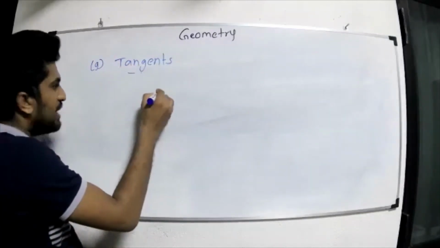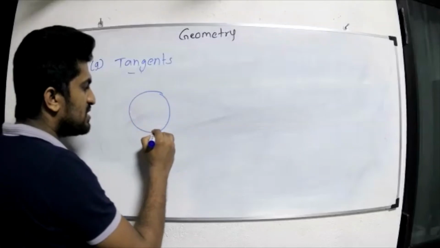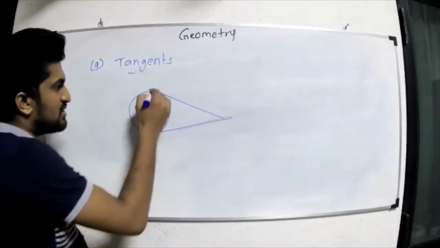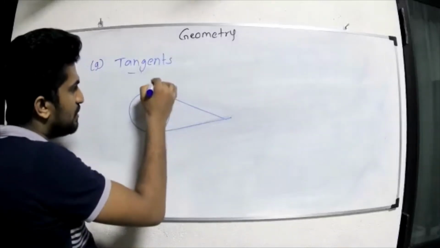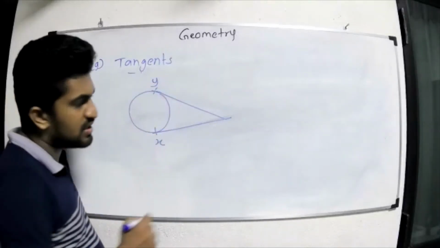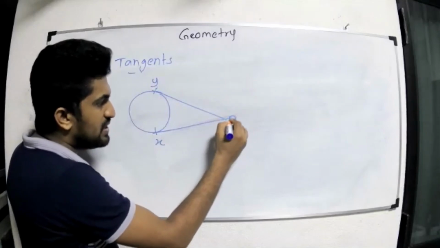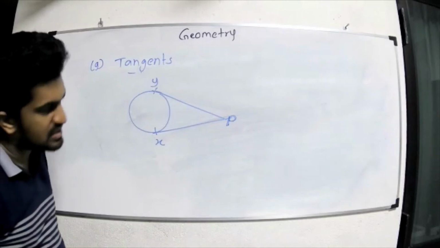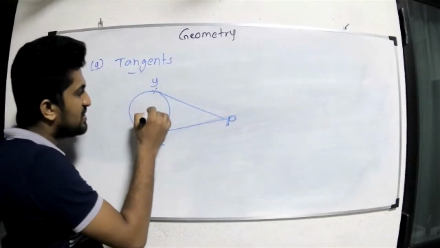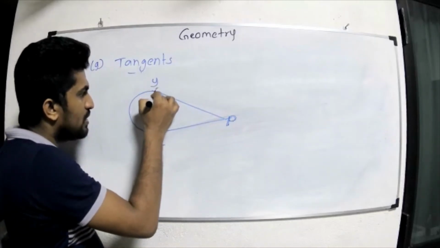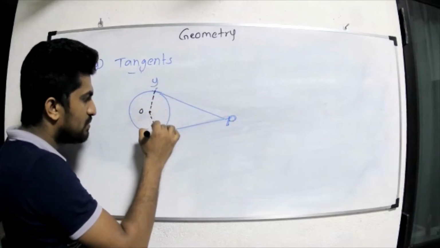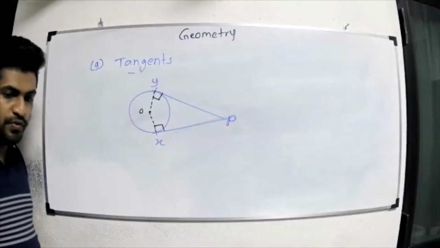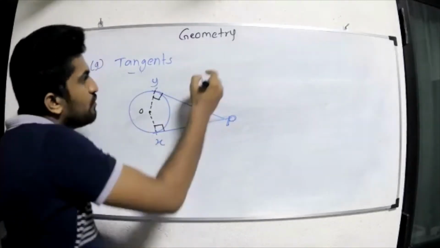Tangent means the lines which touch the circle. If these two points are the points which touch the circle, then you can say that PX and PY are two tangents drawn from the same external point. If this is the center, the first theorem: the line which joins the center of the circle to the point of tangent is perpendicular.